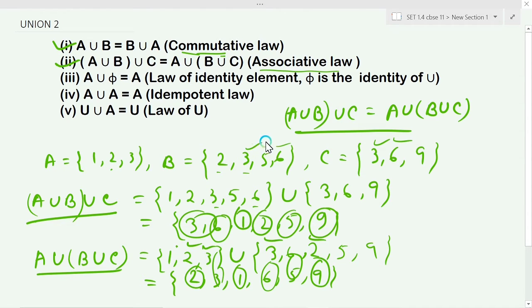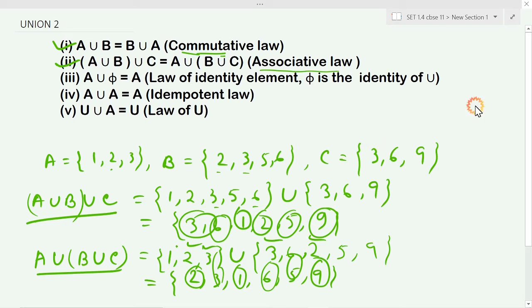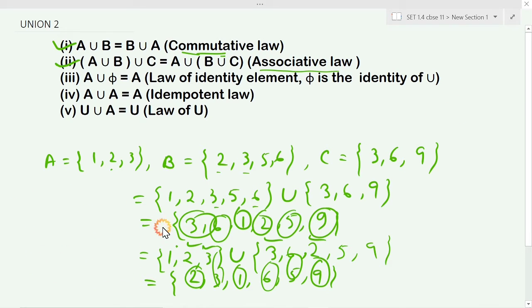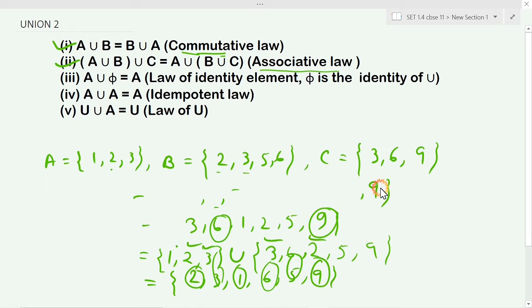Now the third property. Now we discuss the third property. Let me erase all this.